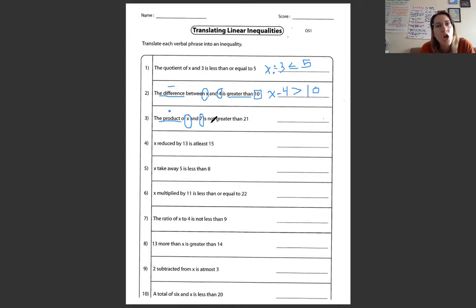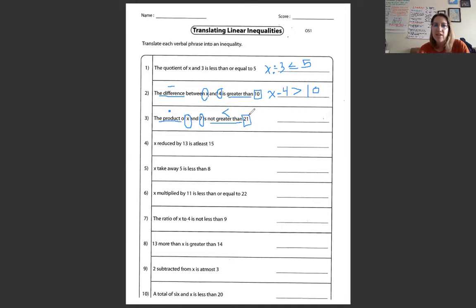And then it's saying not greater than. So if it's not greater than, multiplying those two are not going to be greater than, I'm thinking that must mean that it's less than. It's kind of tricky, right? So the opposite of greater than is less than. And then of 21.